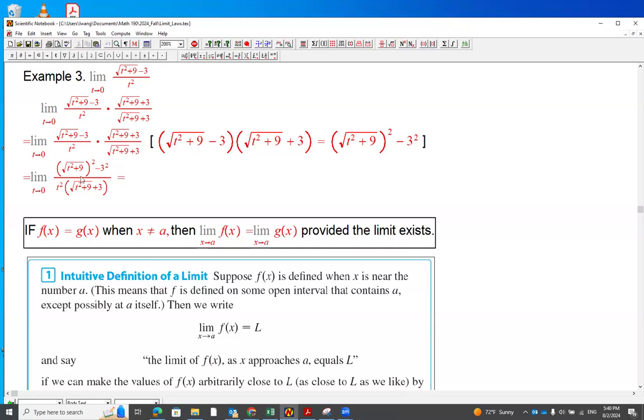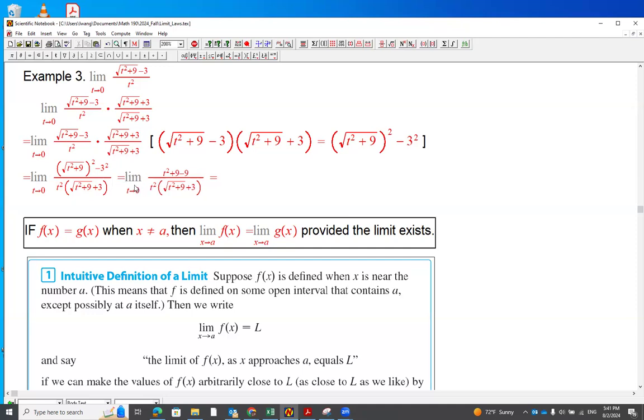And reduce the numerator. When we reduce the numerator, what do we get? Let's see. We have the square root of t squared plus 9, then squared. So this piece equals just t squared plus 9, minus 3 squared, which is 9.